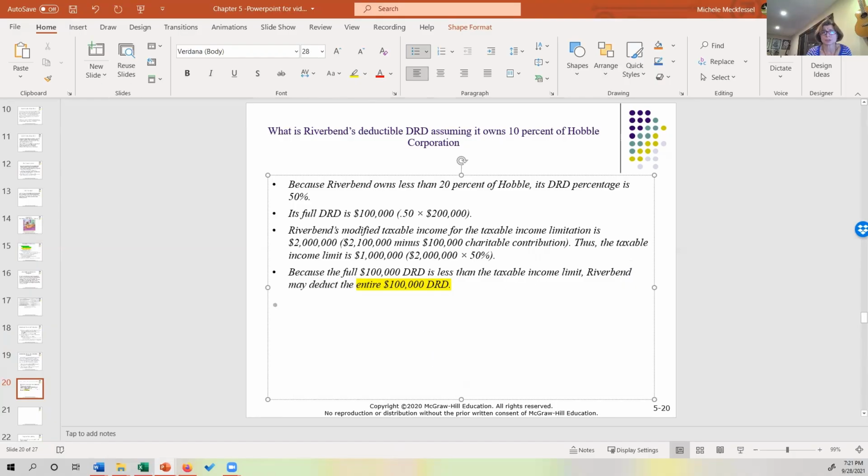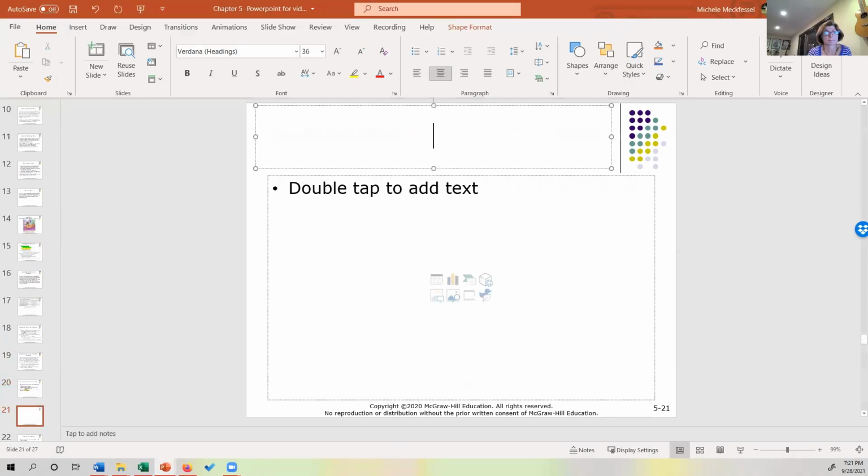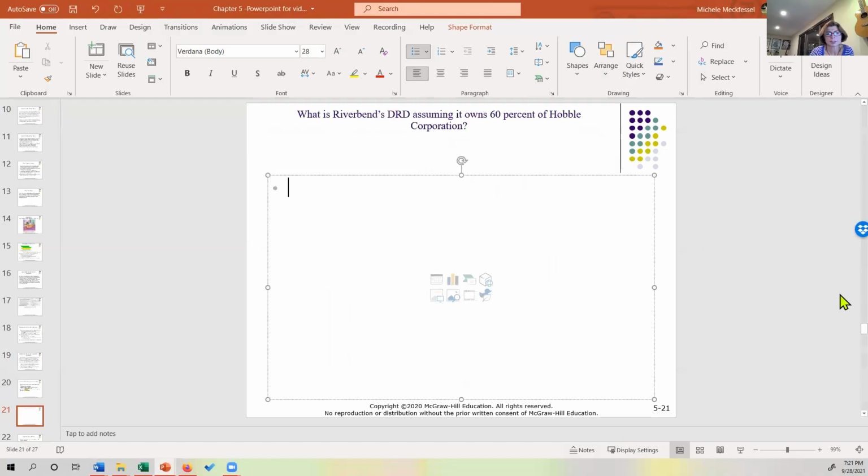Now, the other scenario was, what if they were a 60% owner? If they're a 60% owner, they own 20% or more but less than 80%, so their DRD percentage is 65%.